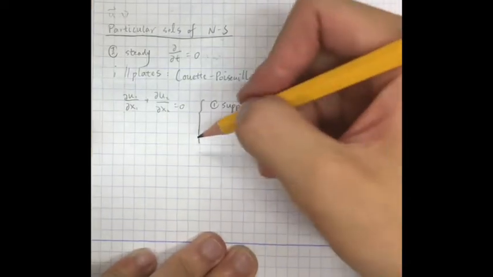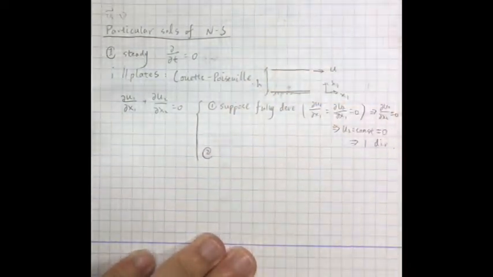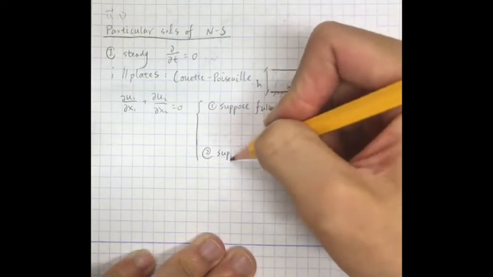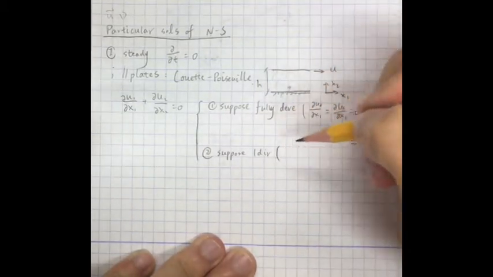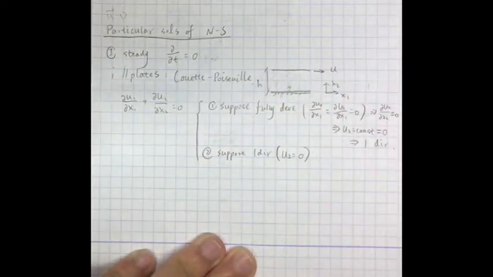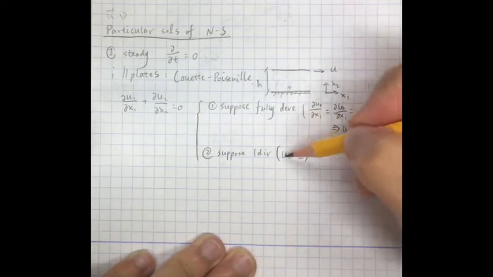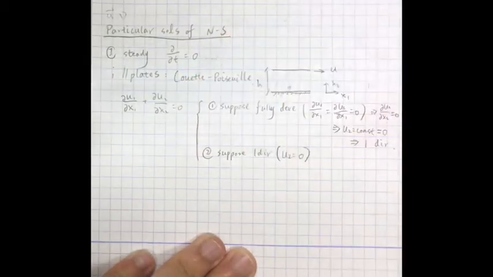Another way, let's make another assumption. We directly make the assumption that the flow is one-directional. Suppose one-directional. So from the assumption now, we get the fact that u2 equals 0, right? Then u2's derivative must be equal to 0.